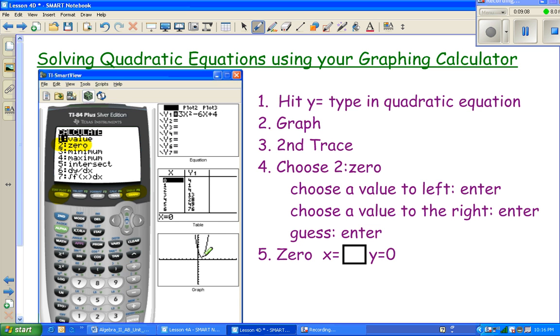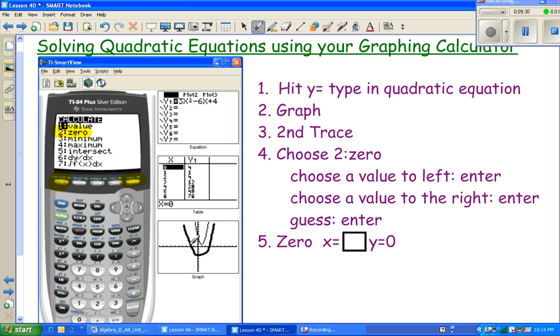Now this particular one doesn't have any zeros because you don't see it crossing, but hopefully the one you're doing will have 2 zeros. You'll choose the second button and the trace button, in which this menu will pop up. You'll choose 2. It'll ask you for a left bound.